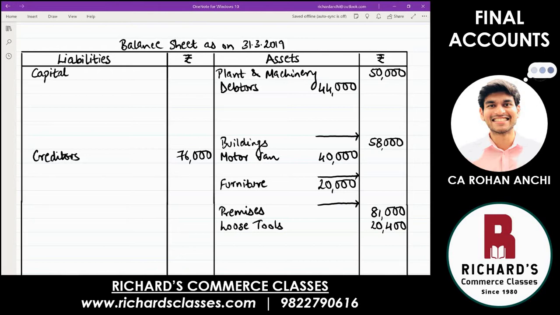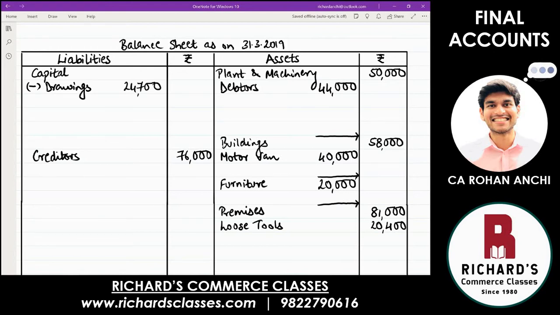And then you have drawings, which is debit, but you are going to still write it on the liability side. Again, this is one of those items which we are taking to the opposite side. So it will go with a minus sign. Below capital, write down less drawings. Anything to do with the owner of the business will be adjusted with capital. Drawings, 24,700, inner column.